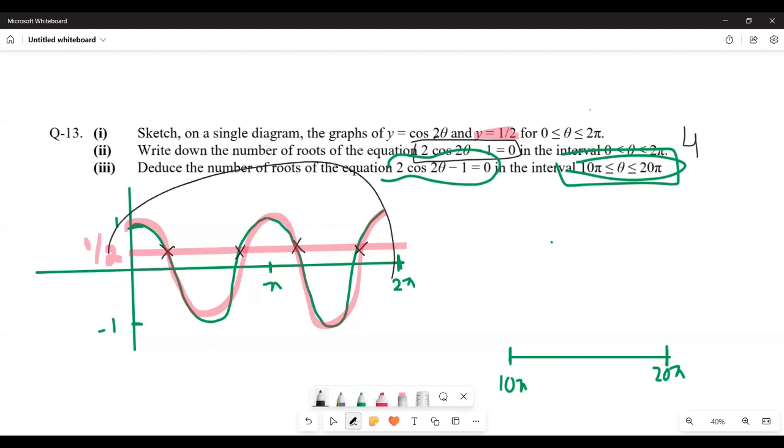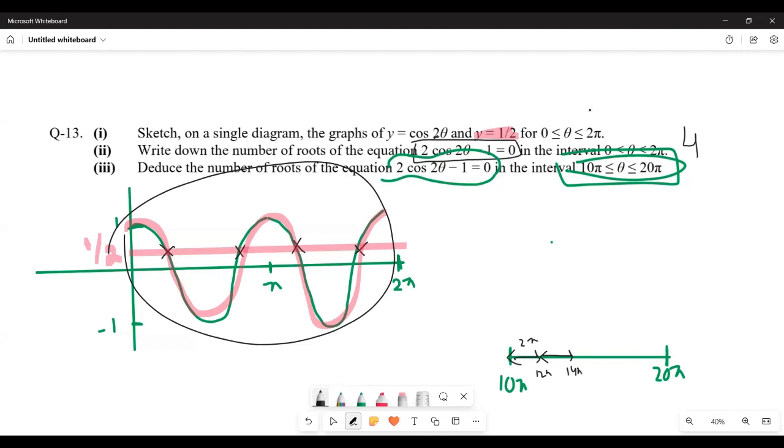So this is 0 to 2 pi, right? And it has 2 cycles in it. So how many 2 pi's do we have in the range 10 pi to 20 pi? How many chunks of 2 pi will there be? Here there will be 1 chunk of 2 pi. That will give us 12 pi, right? Another chunk of 2 pi. That's going to go till 14 pi.